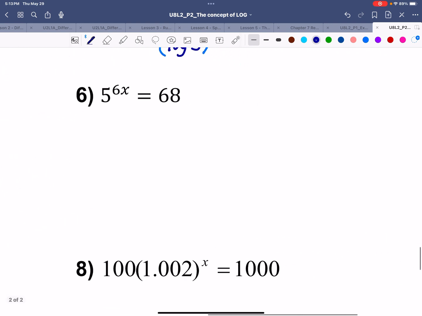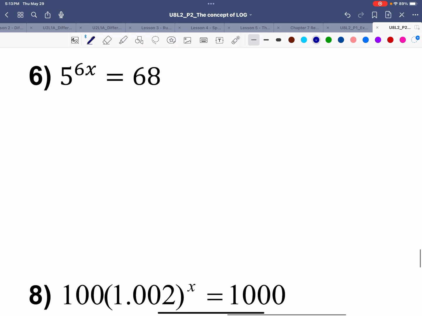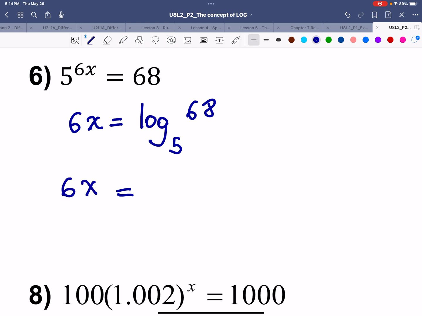So I encourage you to try this on your own. It's not difficult. It's the same process. It's just a little bit of bigger numbers. So again, 6x is equal to the log, or the exponent or log, right? Same thing. We give base 5 to get 68. So 6x equals log of 68 divided by log of 5.